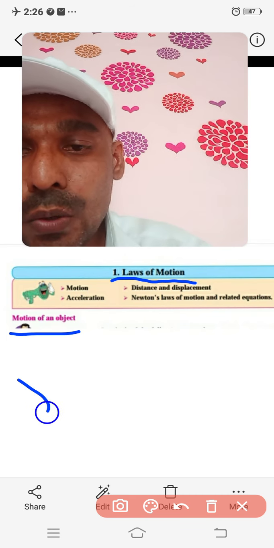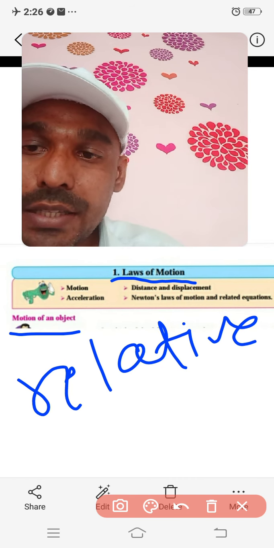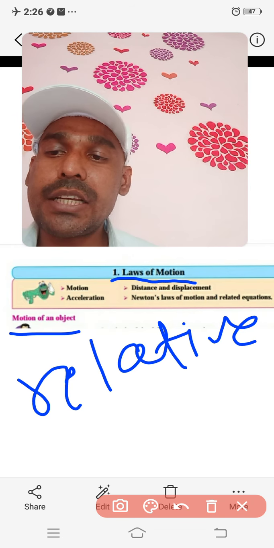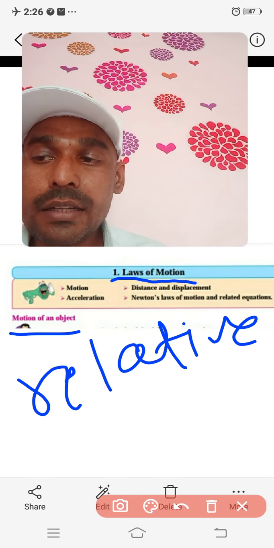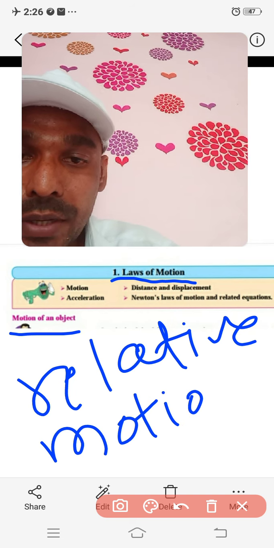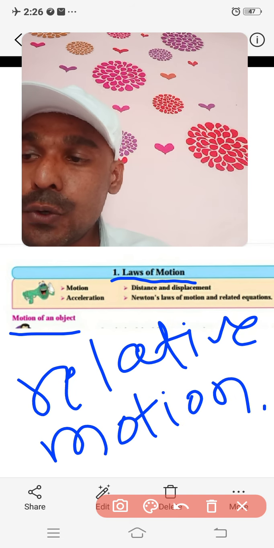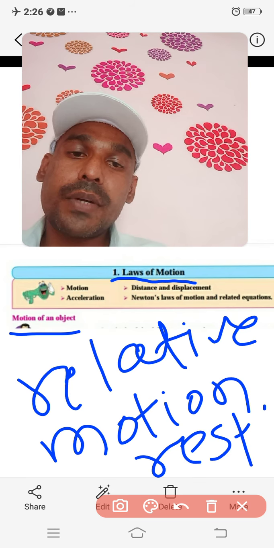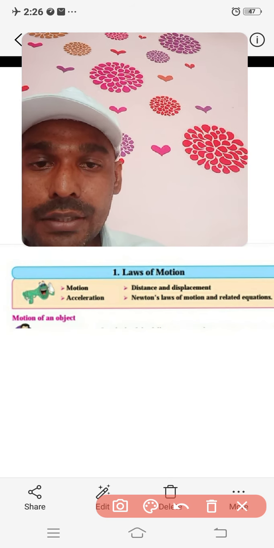If the position of an object is changing with respect to its surroundings, then it is said to be in motion. Otherwise, it is said to be at rest.